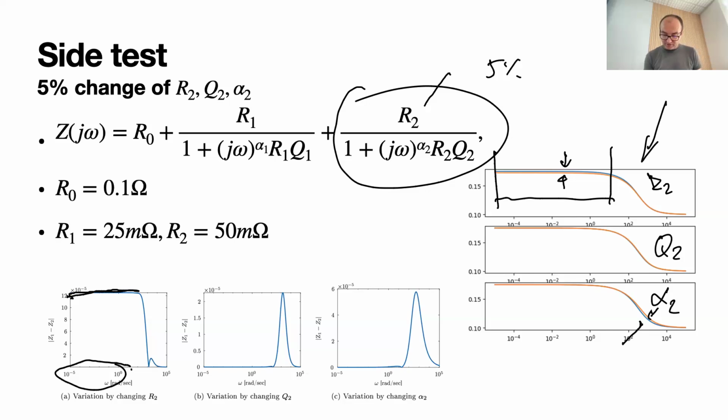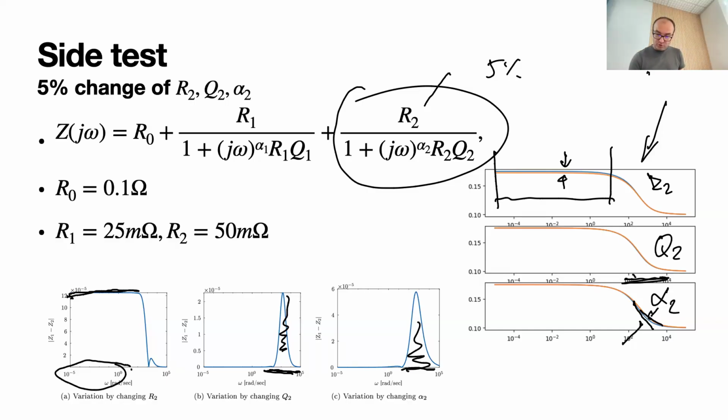For Q values, the changes are in the high frequency part, here somewhere. We don't see it, but the test says that they're statistically significant. And they're in the same area for alpha. Here, this is where we can also visually see it.